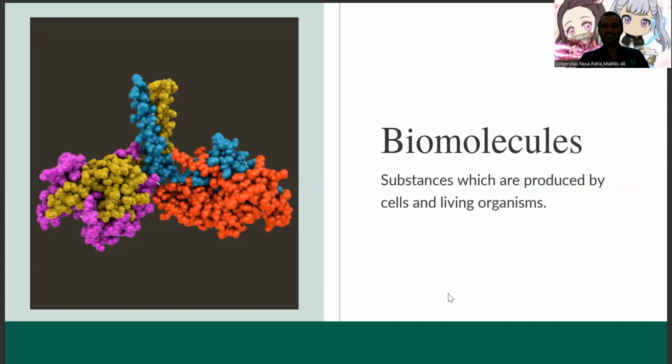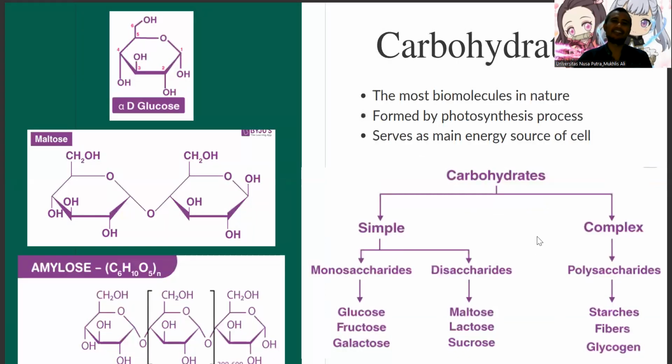Okay, in the last part we talk about biomolecules. Cells actually can produce some substances, and we call these substances biomolecules. Okay, the first one we talk about is carbohydrate. This is the most abundant biomolecule in nature, and these biomolecules can be formed by the photosynthesis process in the chloroplast.